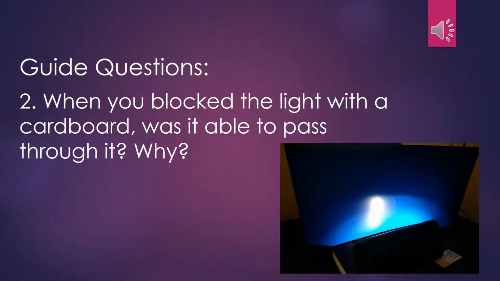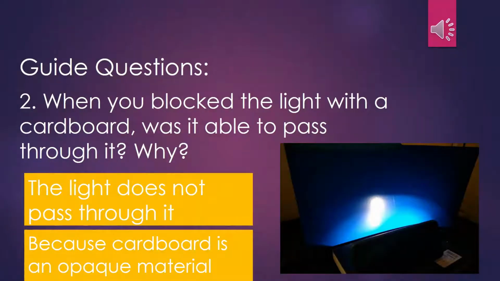Question number 2. When you block the light with the cardboard, was it able to pass through it? Why? The light does not pass through it because the cardboard is an opaque material.